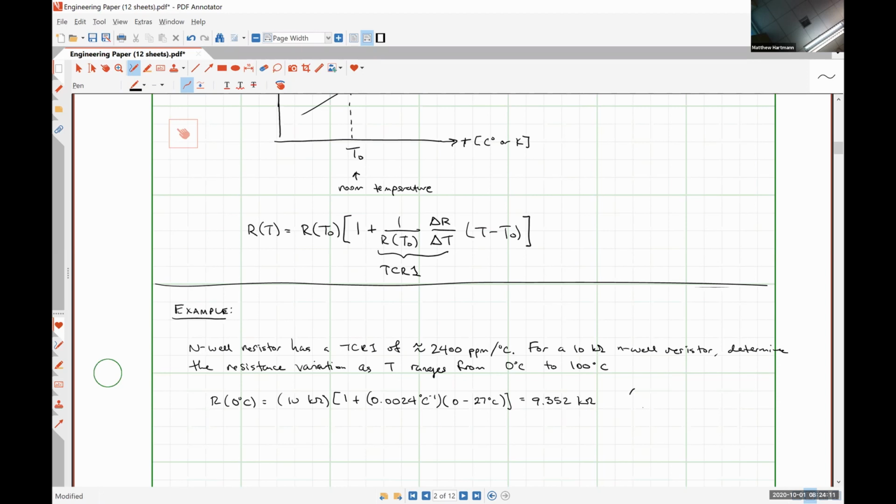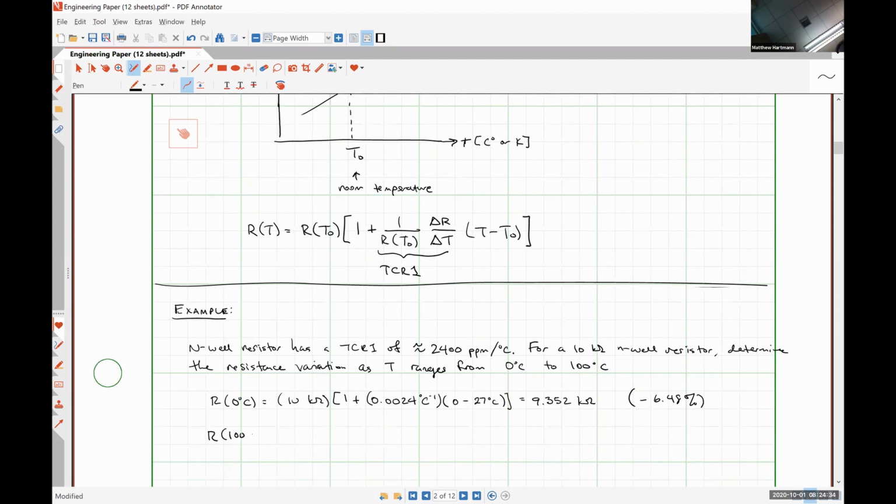So just for the sake of argument, 9.352 divided by 10,000, we have a decrease in resistance of 6.48%.